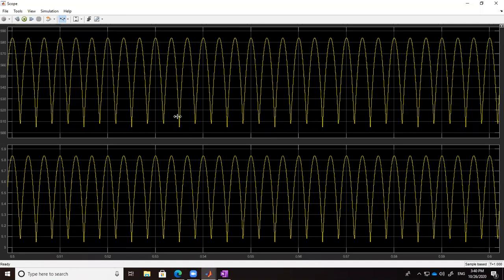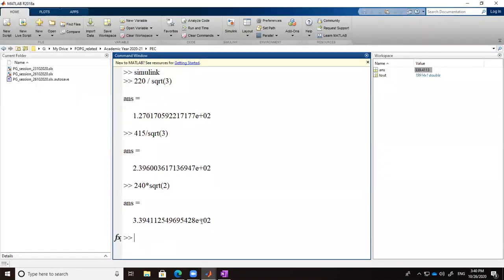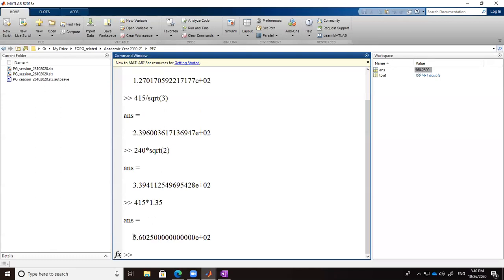So according to the formula of a three-phase bridge rectifier, you have 415 into 1.35 approximately. So that is an average of 560 volt.